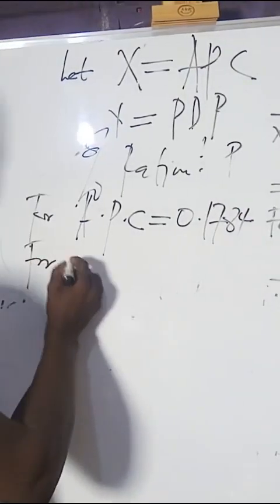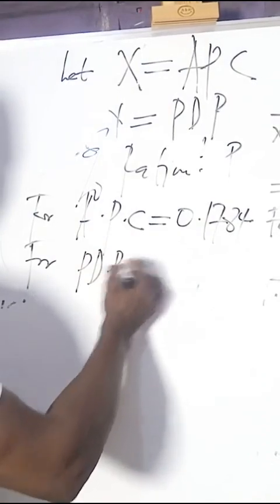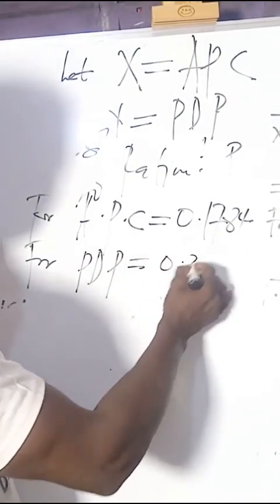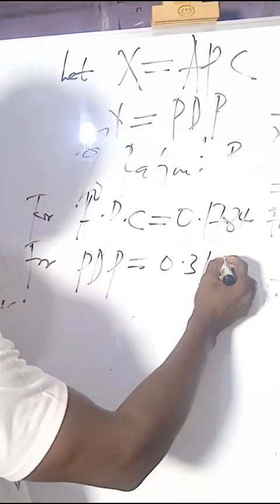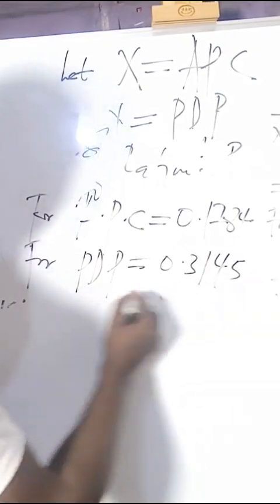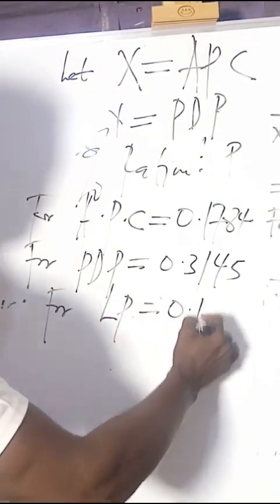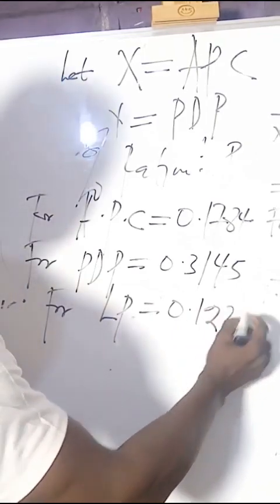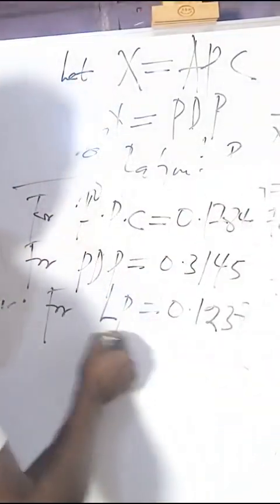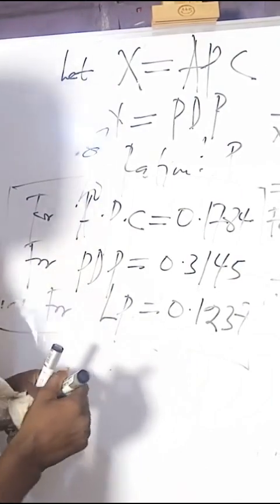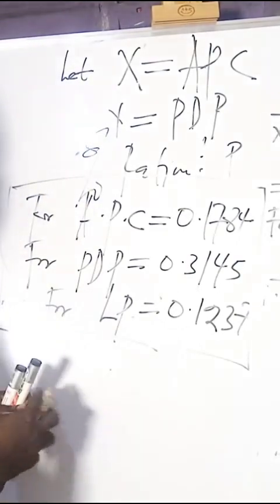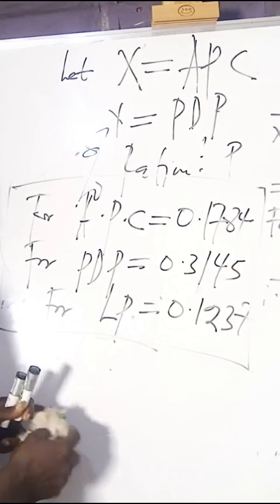Now for the PDP, we got 0.31445. Now for the Labour Party, we got 0.123. So these are the percentage ratios for each of the political parties. Let's proceed further now.